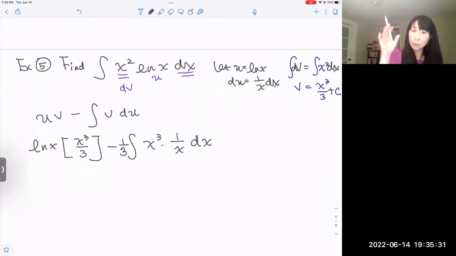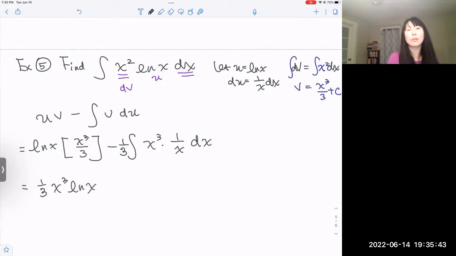Very similar to the previous example. So we have 1/3 x cubed ln x.